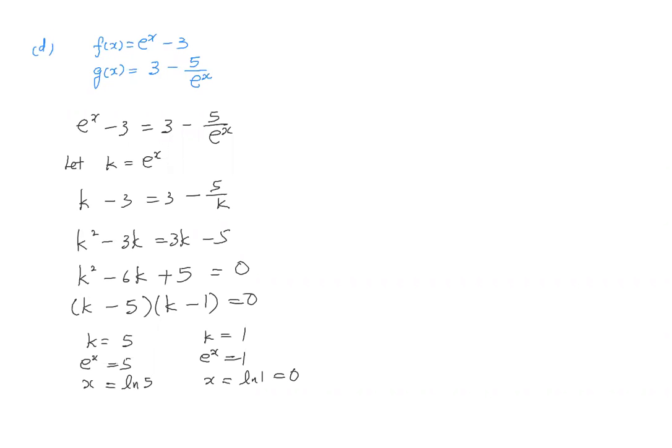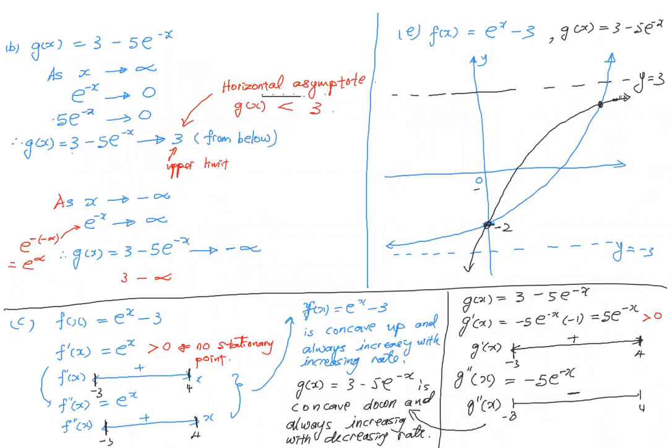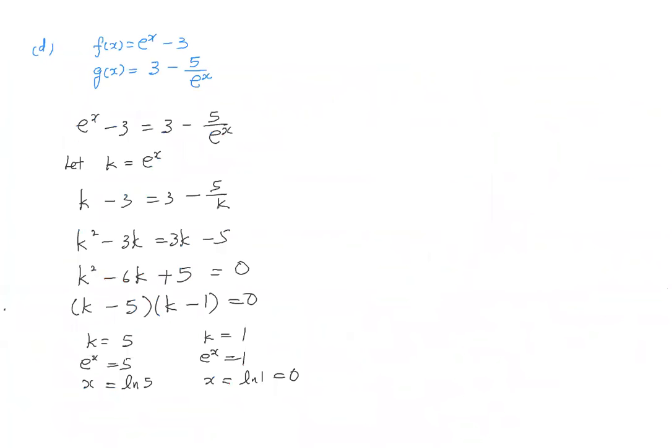So this is where x equal to 0. We know already. So what they want is this one. Okay, so there are 2 points of intersection. Therefore, when x equal to ln 5, or e to the power x equal to 5, for my y you can either use f(x) or g(x), up to you.